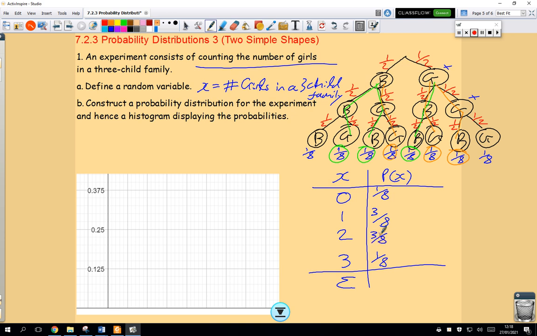And if you add up all those probabilities, you should get 1. These numbers here, that's 1/8, that's 3/8, that's 3/8, that's 1/8. 1/8 is 0.125. So I can put in the probabilities here. There's 0, 1, 2, and 3, and I can draw a probability distribution for here.